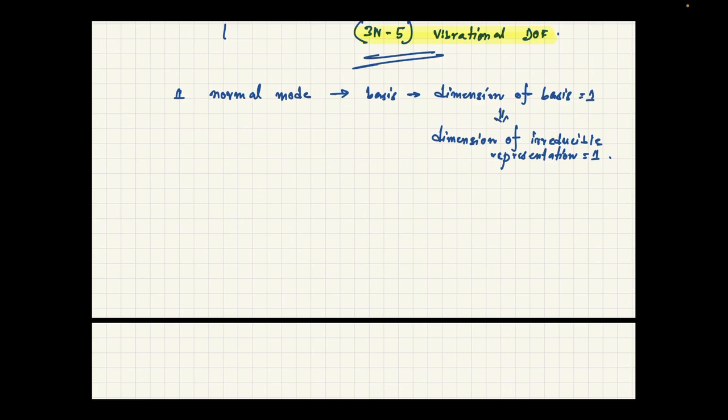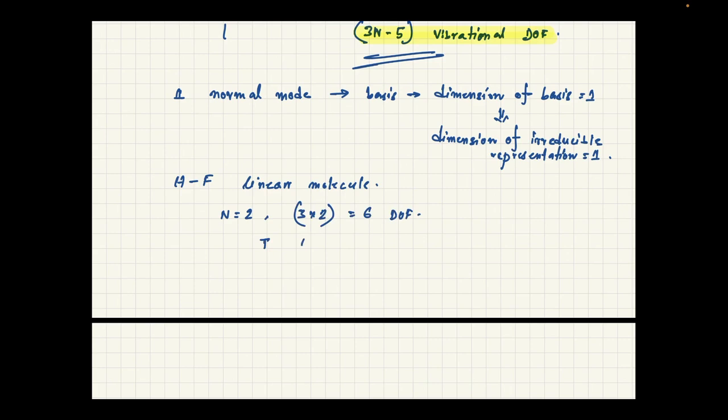Okay, so basically, let's say for a simple molecule like HF, it is a linear molecule, right? So the total number of atoms is n equal to 2, so there will be 3 times 2 equal to 6 degrees of freedom.